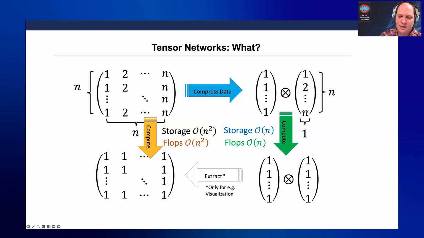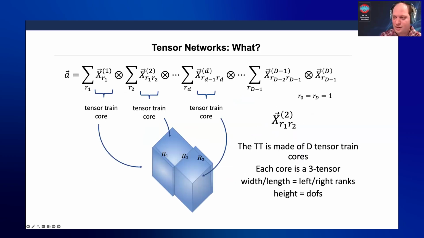Tensor networks are the generalization of this little cartoonish idea I just provided, where in each direction you have these cores, and they talk to each other through what are basically ranks. You can imagine an SVD has several vectors associated with it to reform the matrix, and you may end up not needing as many vectors as it would take to store the same number of elements as the matrix.